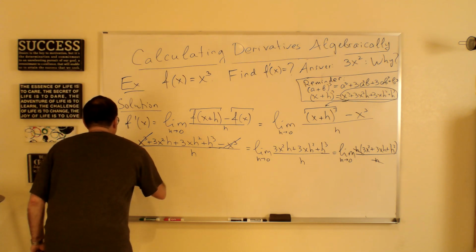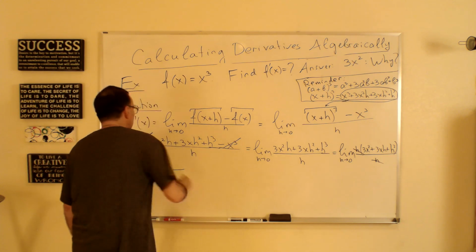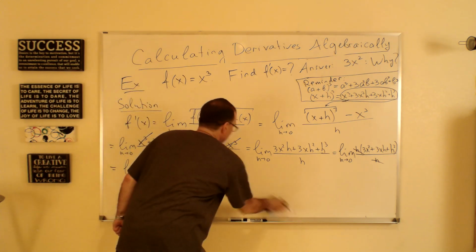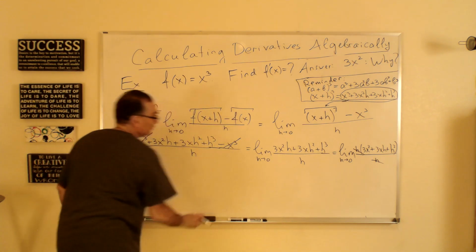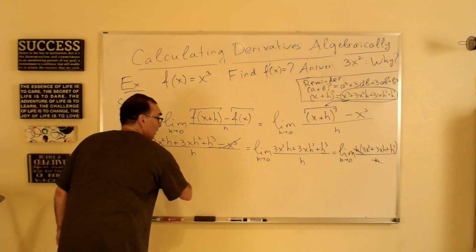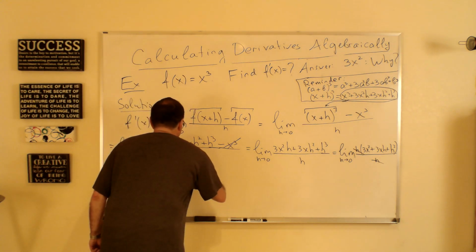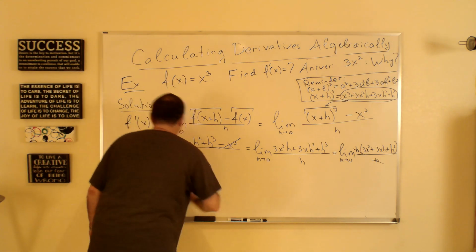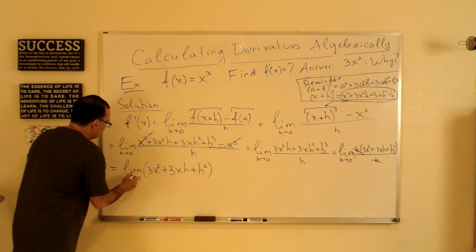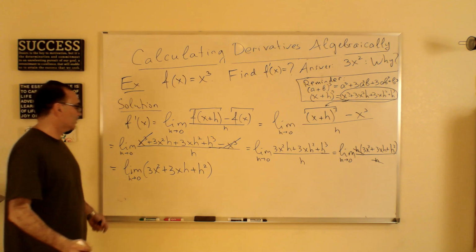So after cancellation, we don't have a fraction anymore because the denominator is cancelled, but we get 3x squared plus 3xh plus h squared. And now, like we did before, in order to calculate this limit, we are allowed to plug in 0 for h.